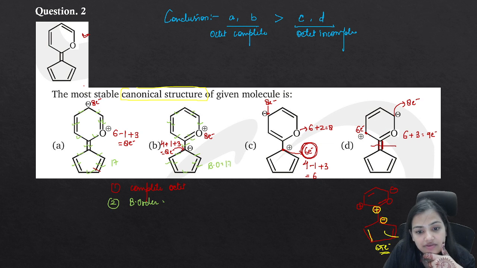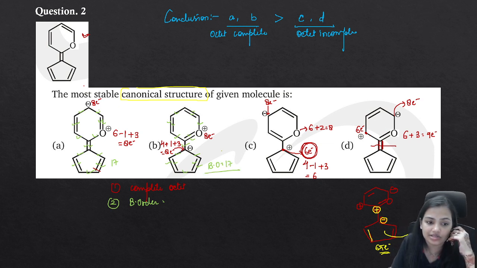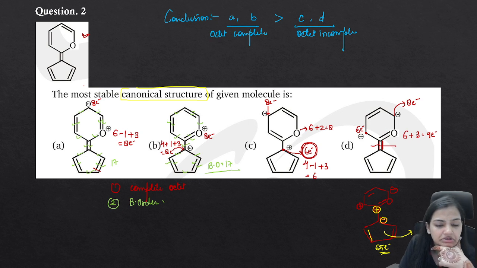Here also the bond order is 17 and 17. My question is, which is the most stable structure? 17, 17. I am not getting any conclusion.